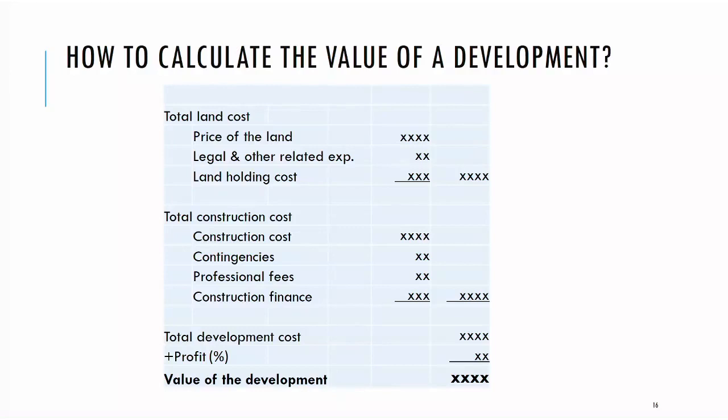No, I was talking about the value of the development. Yeah, so that number there, you work it backwards, but where do you get the value of the development from? Well, if you're a developer, I have an experience. You know, say, for example, you develop a residential apartment tower.